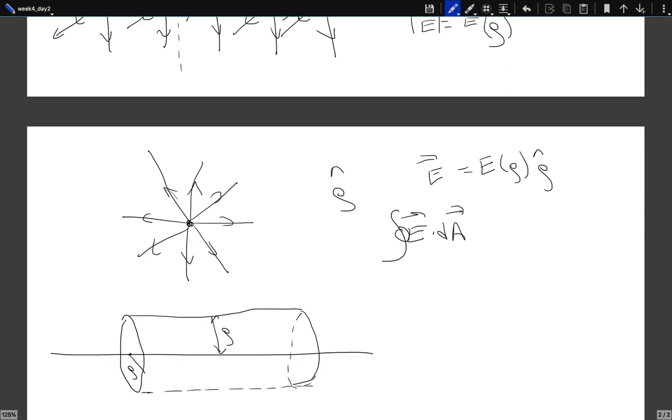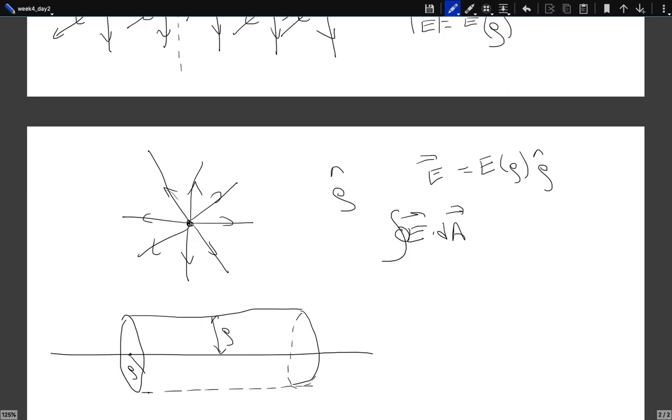I mean, if this is my wire, the electric field lines are going in that direction, all around. What's the perpendicular direction to that? Well, up and down, they are perpendicular. So what is the surface whose area vector is up or down? You see, the area vector is perpendicular to the surface.